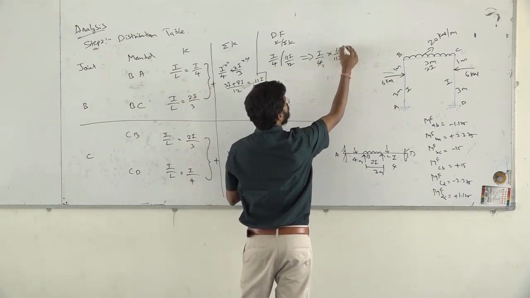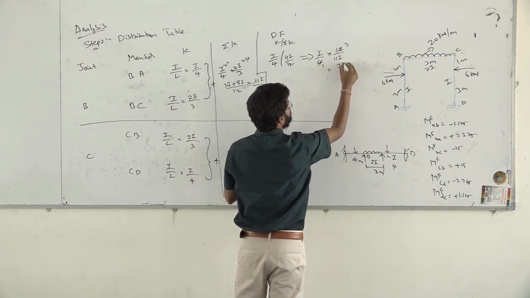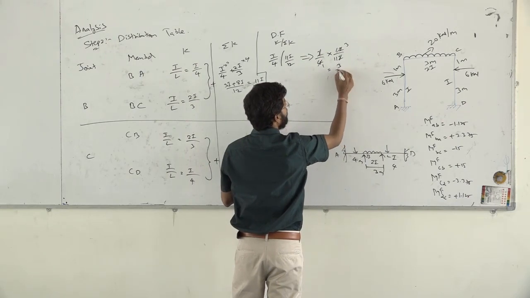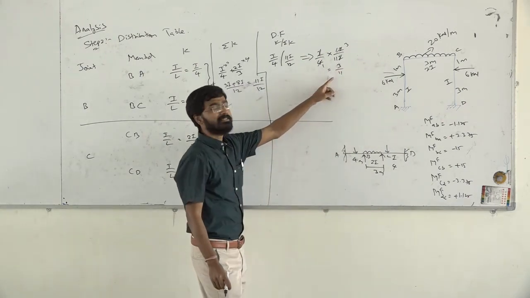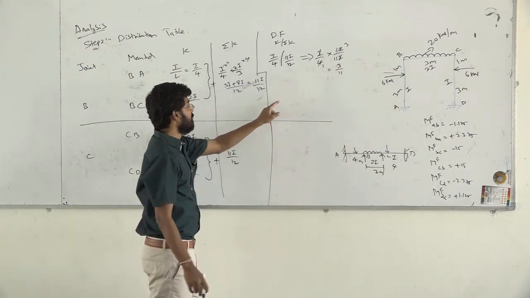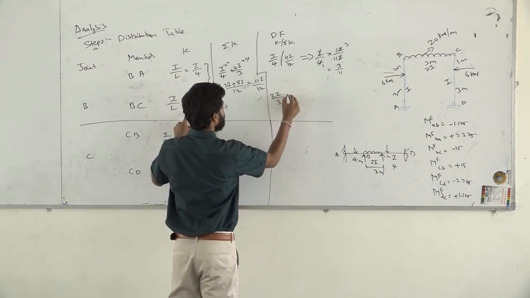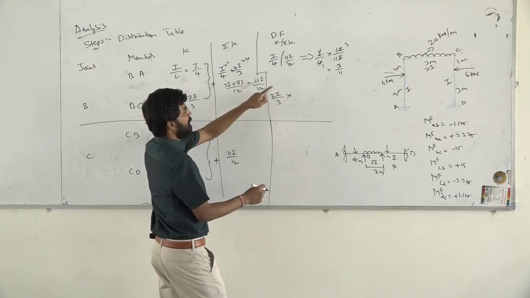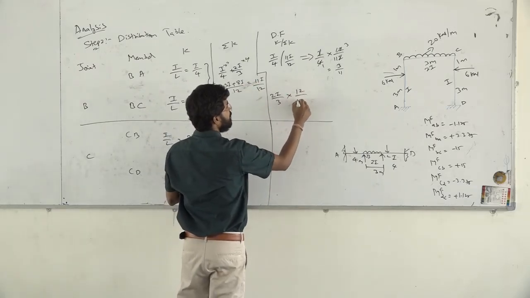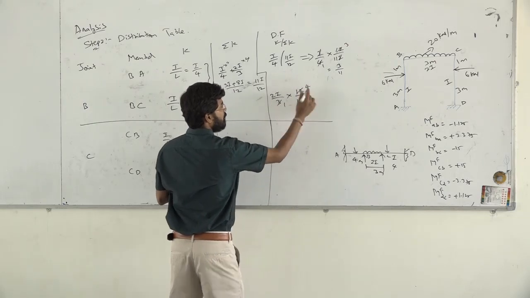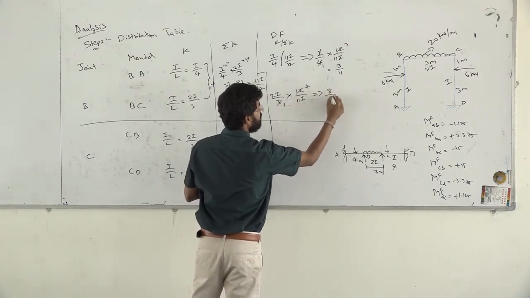So 4 into 3 is 12, and I and I cancel. You are left with 3 by 11. Similarly, here we have 2I by 3 into 12 by 11I. So 3 into 4 is 12, and 4 into 2 is 8, so we get 8 by 11.